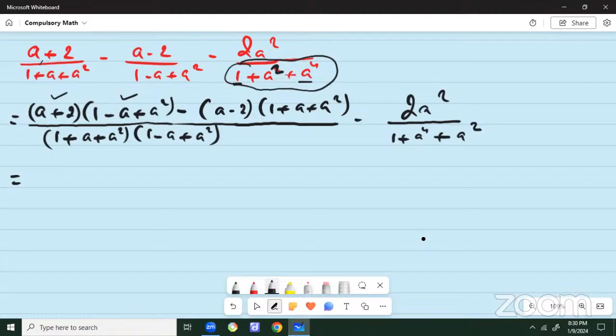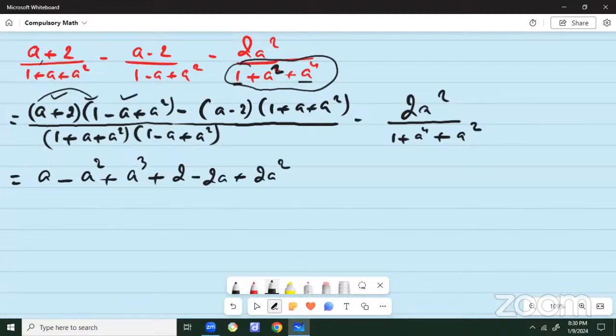If we multiply these two, a times 1, a, a times negative a is negative a square, plus a times a square is a cube, plus 2, subtract twice a, plus 2a square, right? Am I correct? Yes, sir.